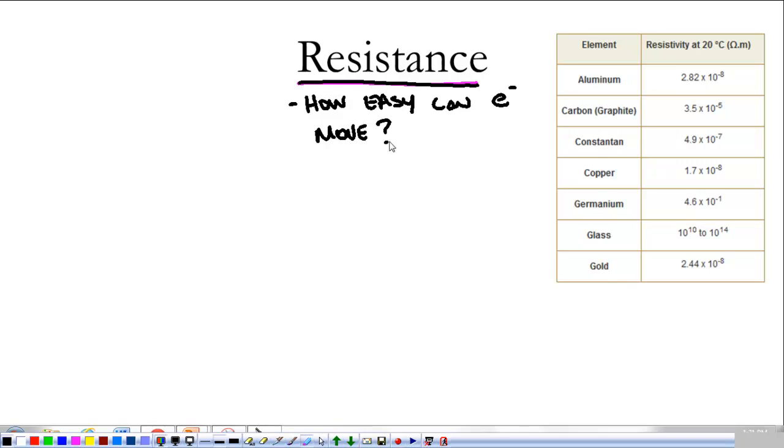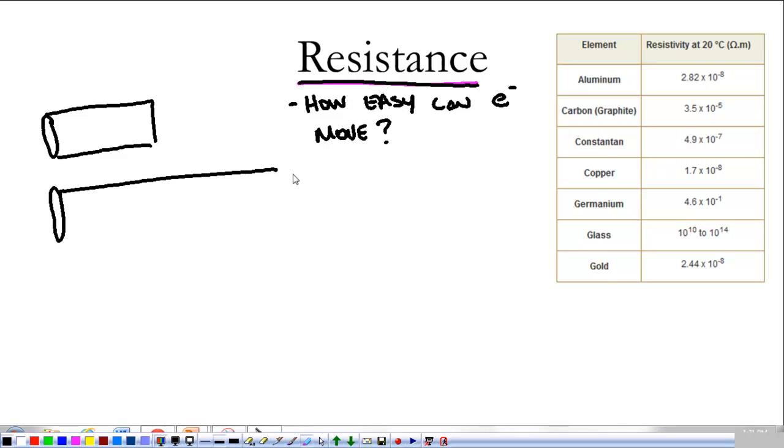If I have a high resistance, it's not very easy. If I have a low resistance, it is very easy. So let's look at a piece of wire and compare it to a longer piece of wire.